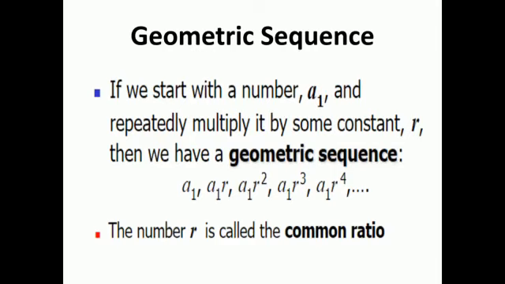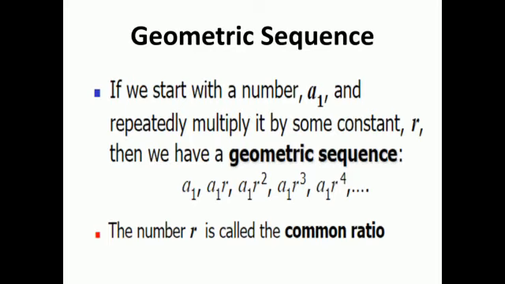If we start with a number a1 and repeatedly multiply it by some constant r, then we can make a geometric sequence. The number r is called the common ratio. So we need a1, the first term, and r, the common ratio.